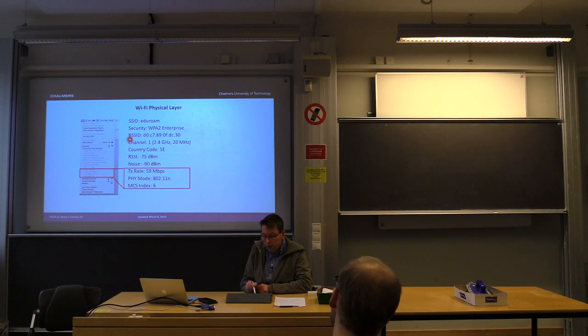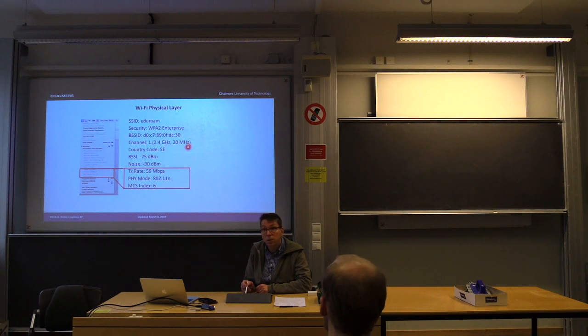And then this basic service set ID, this is the MAC address of the access point I'm currently associated with. Channel 1 is specifying at what frequency band we are transmitting at the moment. So this is 2.4 gigahertz and it's 20 megahertz channel bandwidth. Country code here is for Sweden.